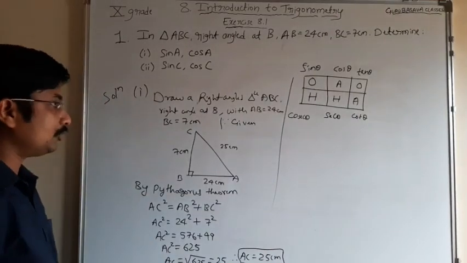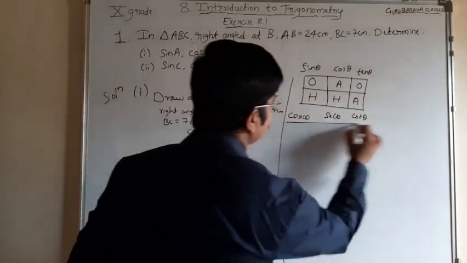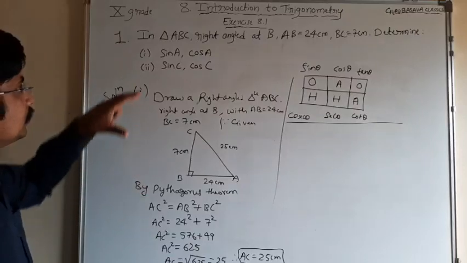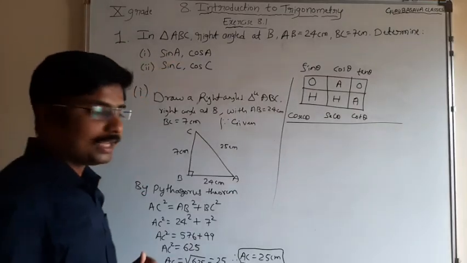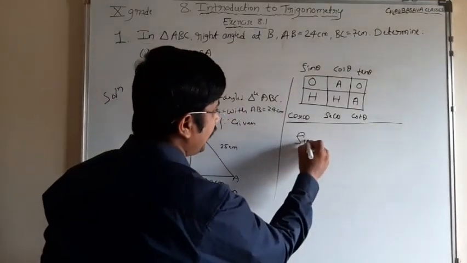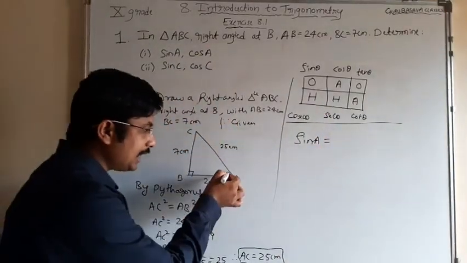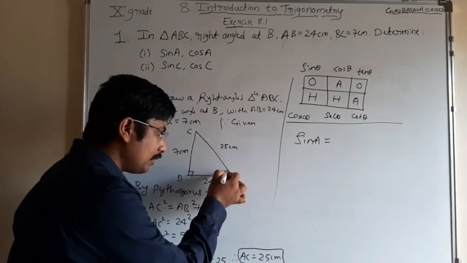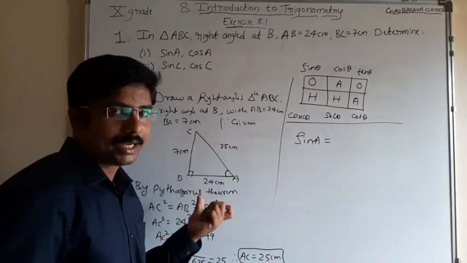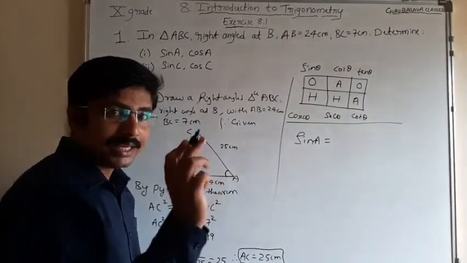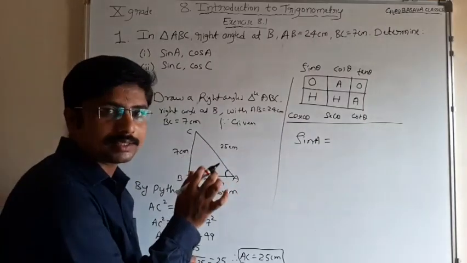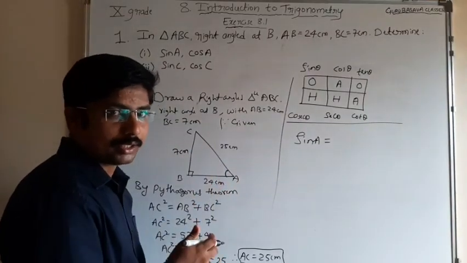Okay dear students, now we have to find sin A. Here the angle is at vertex A, that is angle A, and its opposite side will always be perpendicular or opposite.